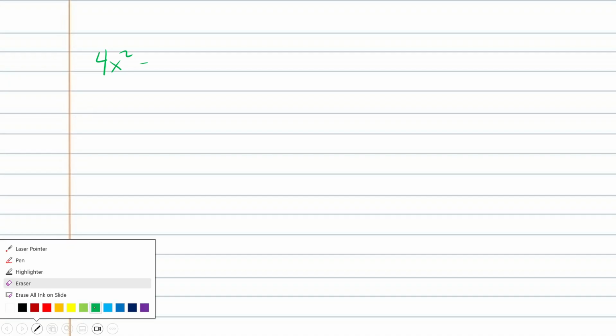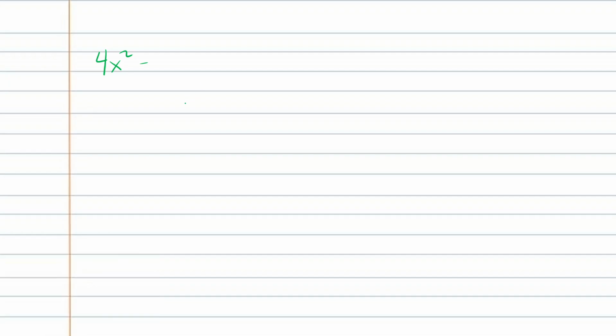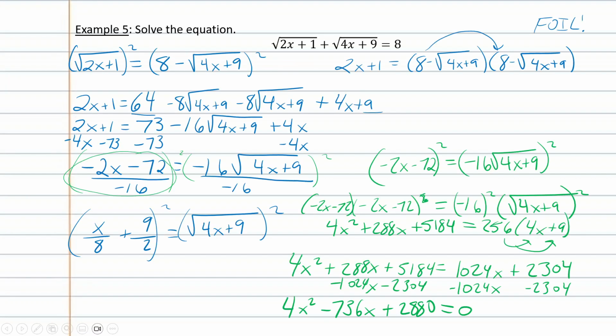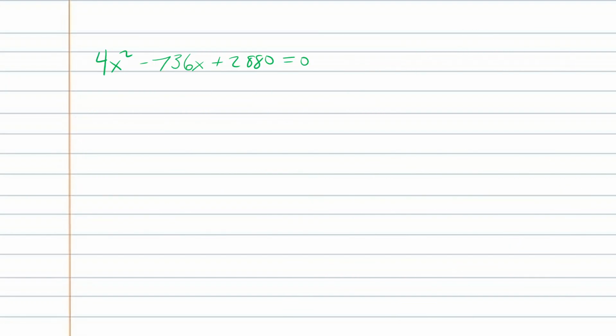That's 4x squared, and then minus 736x plus 2,880 equals 0. Now, before you panic, what goes into both 4, 736, and 2,880?